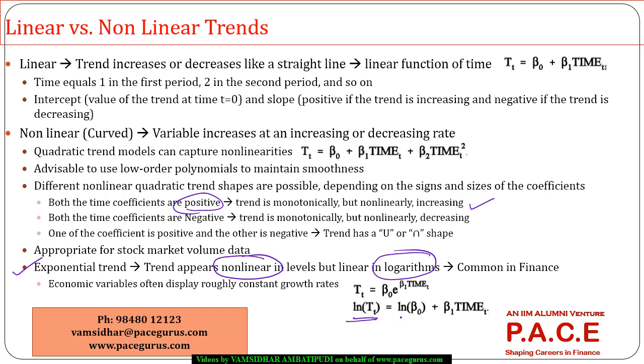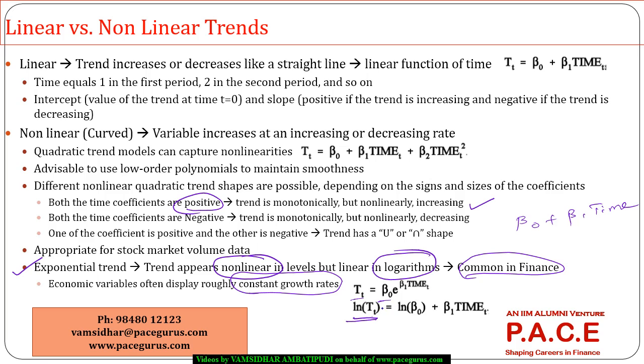Log t, which means the trend is called an exponential trend, which you find very common in finance, where we see economic variables display roughly constant growth rates. So the way we represent it is beta naught, instead of saying beta naught plus beta 1 times time, which is the linear trend, we say beta naught into e to the power of beta 1 times time.